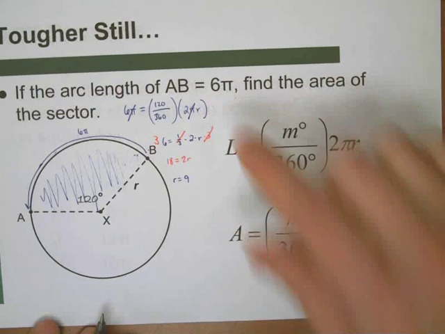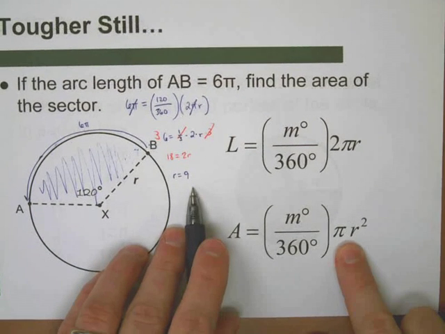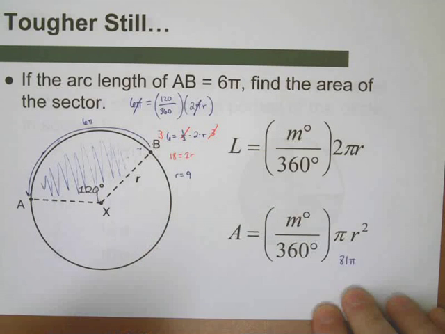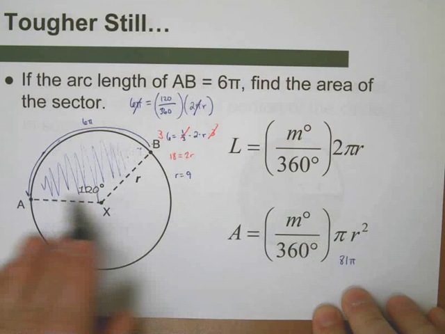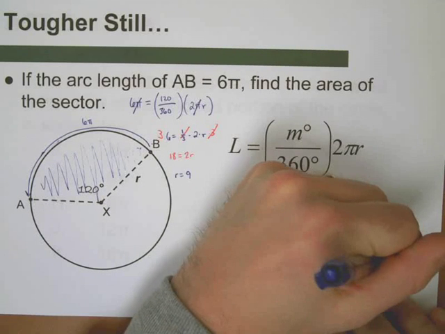So now, here's what I know. The full area of the circle would be pi times 9 squared. The full area of the circle would be 81 pi, right? But I'm not going the full circle. I'm going 120 out of the 360 degrees.